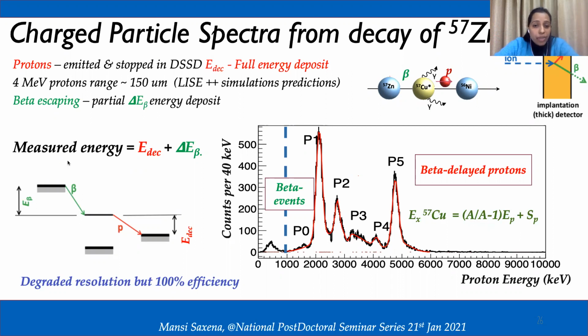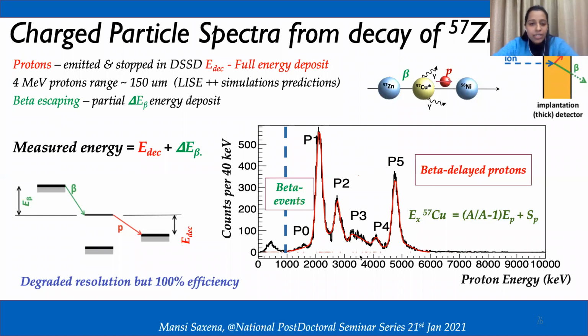Now, in our measurement, the measured energy in the DSSD detector was always the sum of the decaying energy of the proton and the residual energy of the betas. Now, this feature is known as the beta summing feature. As a result of this, even though we had 100% efficiency for proton detection, the resolution was quite degraded.